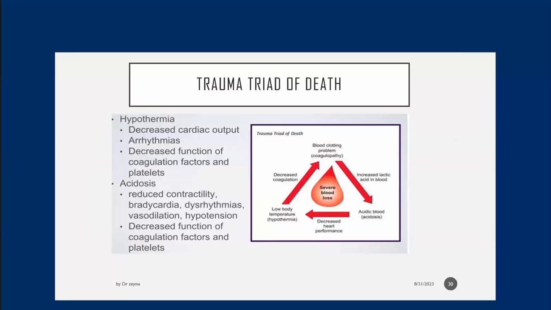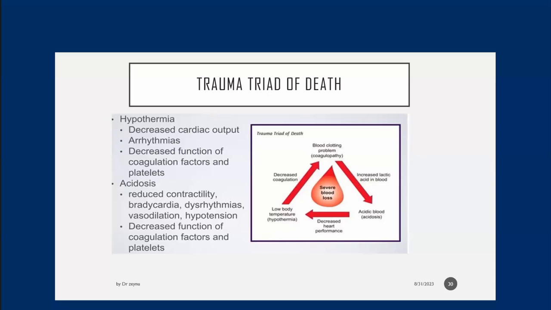So this is the diagram which illustrates the trauma triad of death. As we see, whenever there is hypothermia, there is a decrement in cardiac output, which leads to bradyarrhythmia, and which again leads to decrement in function of the coagulation factors and platelets, as previously mentioned. For example, at a temperature less than 30 degrees centigrade, the primary hemostatic function of the platelets will be totally lost.